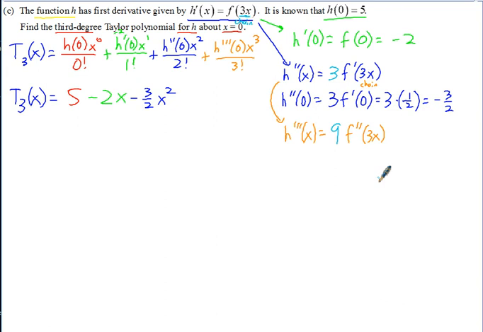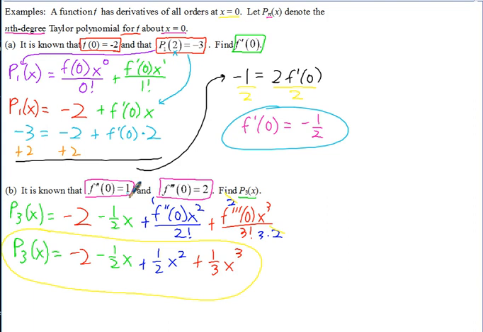And then if we substitute in 0, so what we need right here, h triple prime of 0 would be 9 times f double prime of 0 times 3, which is just 0. Well, do we know f double prime of 0? If we look back here, in part B it gave us f double prime of 0 is 1.